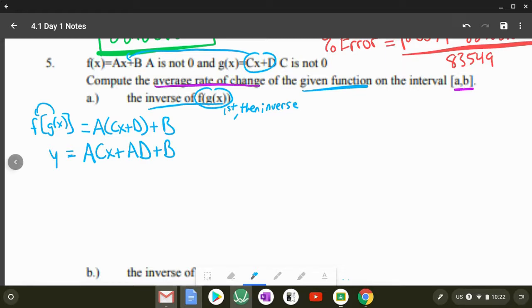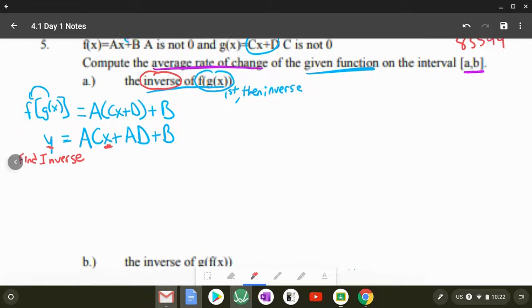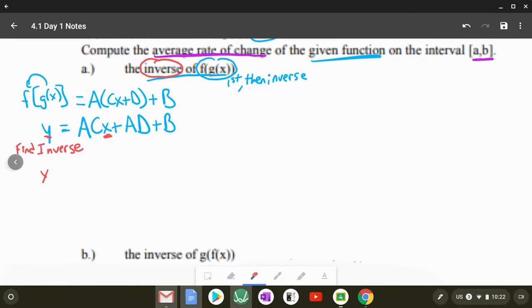That's the function. But now, and we can write this in another color too. Let's go red. We got to find the inverse of this function. So now we have to find the inverse. We already know when you find the inverse of something, you're switching the x and y. So when we switch the x and y, we have x equals acy plus ad plus b, and then you got to get y by itself.